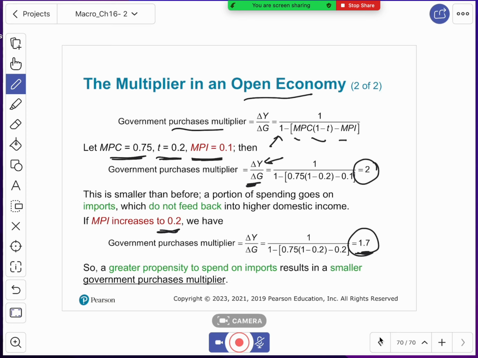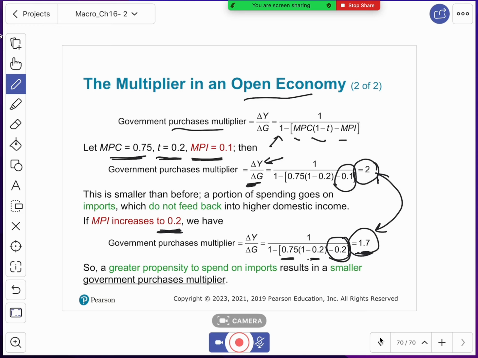As the MPI increases, holding everything else constant, 0.75 is the same, the 0.2 for the tax rate is the same. The only thing that has changed is the MPI, which was 0.1 and is now 0.2. So as the MPI increases, the open economy multiplier decreases.